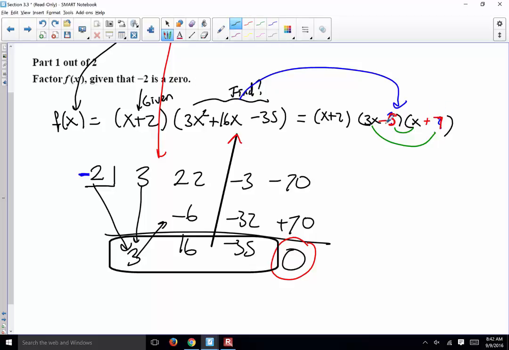Okay, let's multiply outside terms. 3x times 7 is 21x. Minus 5 times x is minus 5x. When I add them, do I get the middle term? Yeah, perfect. So we found it. Got it?